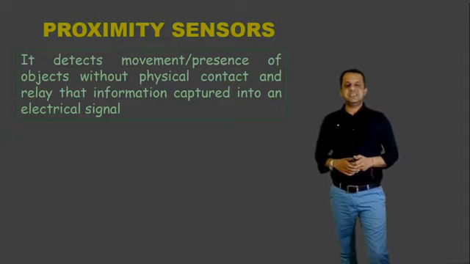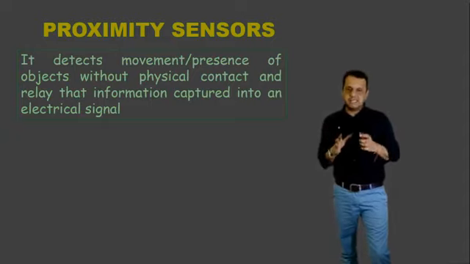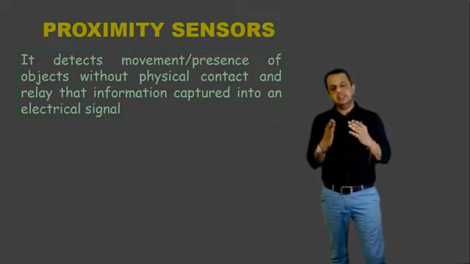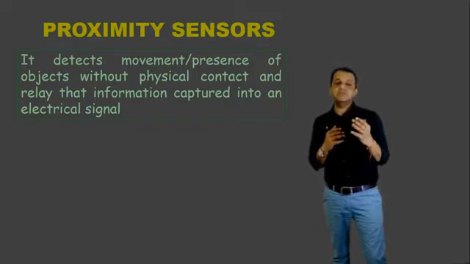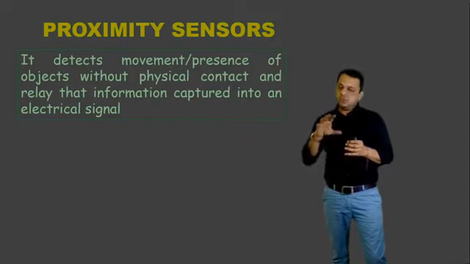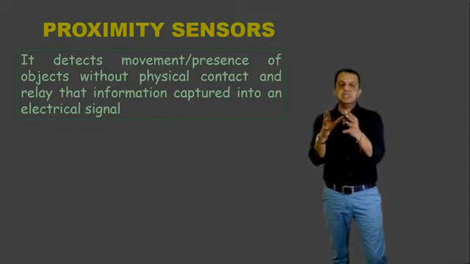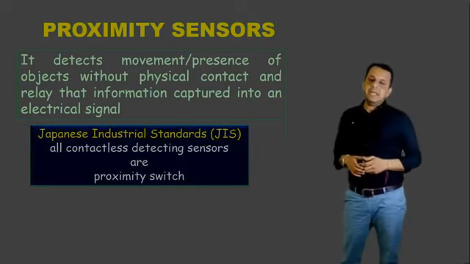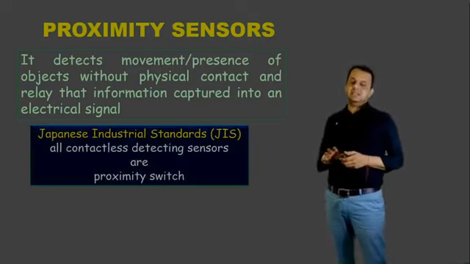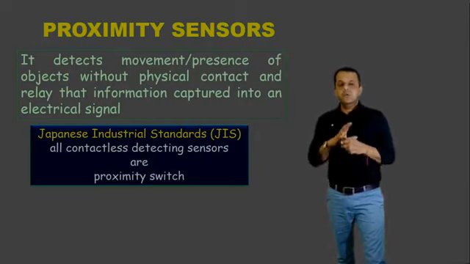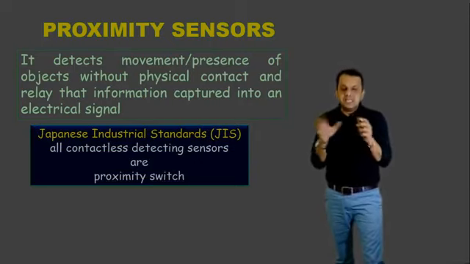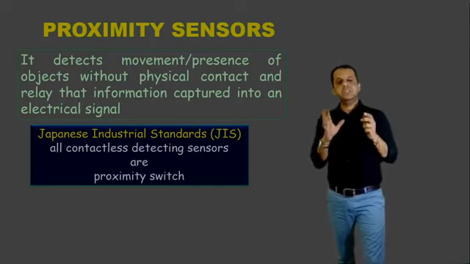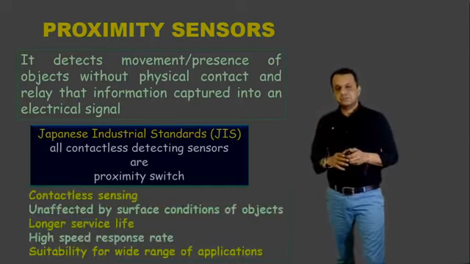So what is a proximity sensor? Basically, it detects movement and presence of an object, and the specific thing is without any physical contact. Whatever detection is done will be sent as an electrical signal. As per Japanese Industrial Standard JIS, whatever contactless detection is done, that is a proximity switch and proximity sensor.